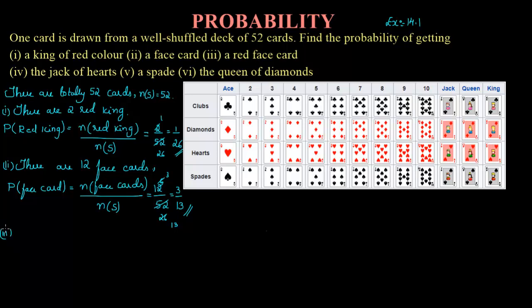Then part 3 of this question, a red face card. Okay, this question and this question you need to understand. Here they have asked you only face card, but in this part they have asked you a red face card. You need to go to the face cards and find out the red face cards.